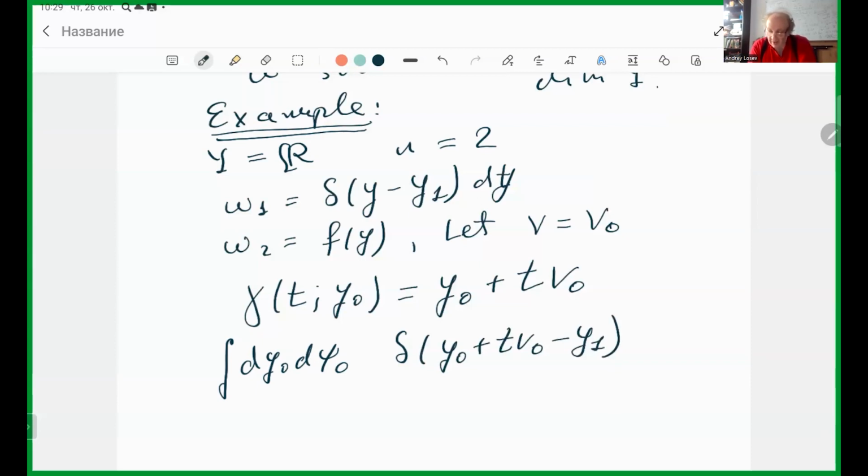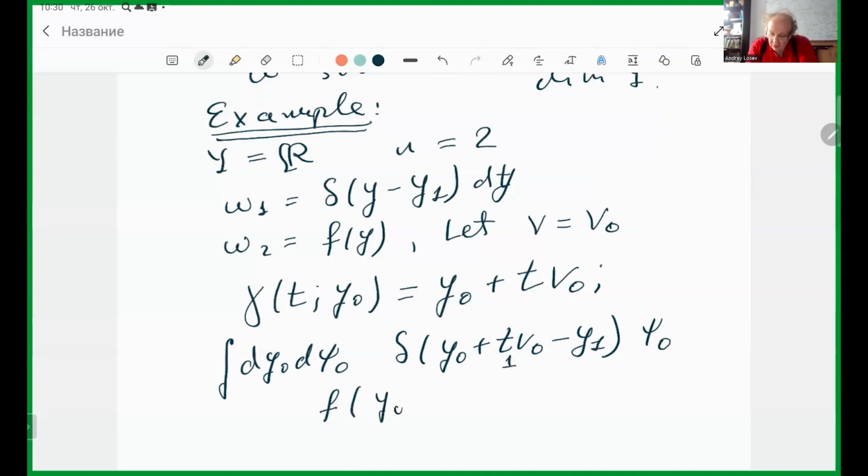Instead of dy, I'm putting the derivative of the trajectory with respect to y naught, so it's just psi naught. Then I put f, and this happens at moment t1.